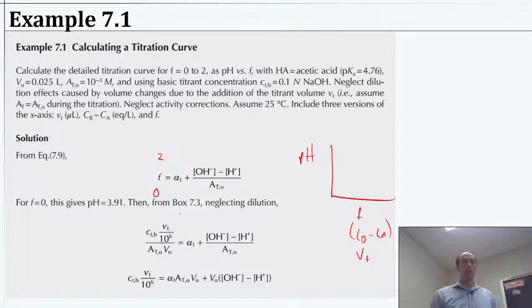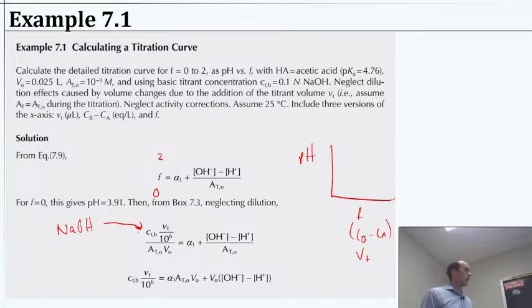Well, we can multiply the concentration of our base, Cb here, this is our NaOH concentration, by the VT, that's the volume we are adding, and we're dividing by 10 to the 6 because we are dealing in microliters, so we're converting that to liters.